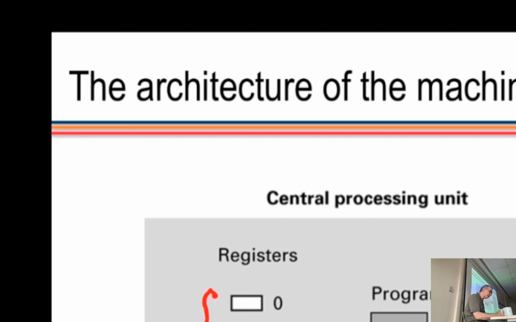The program counter will start from 0, 0. So this cell, if I crank it once, will be loaded into here, understood and executed.